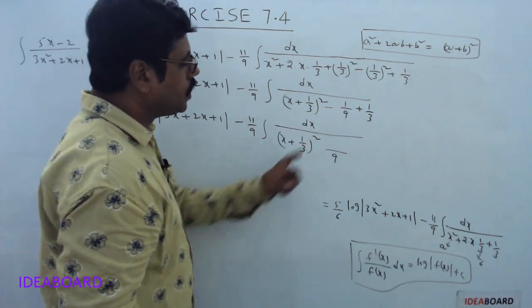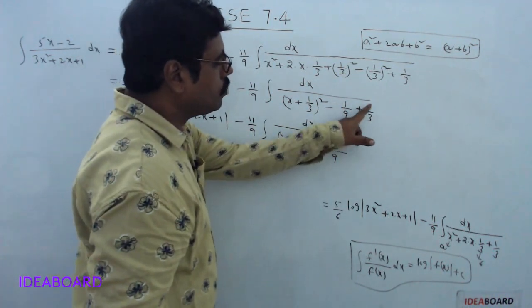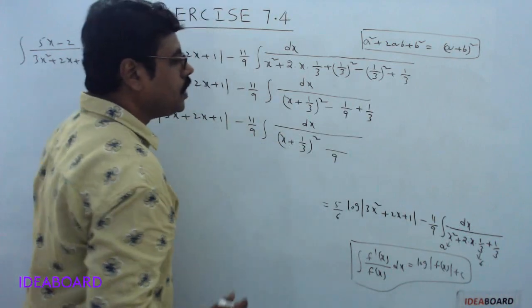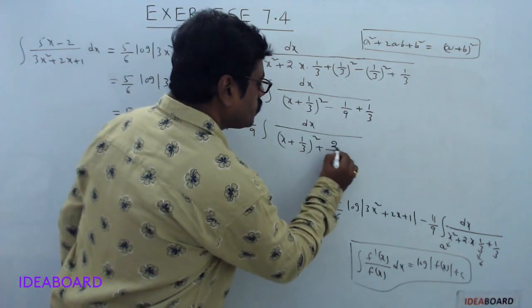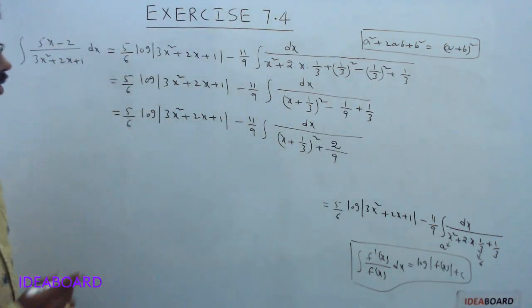What about the corresponding numerator? This is minus 1 plus 3. That should be 2, so plus 2 divided by 9.